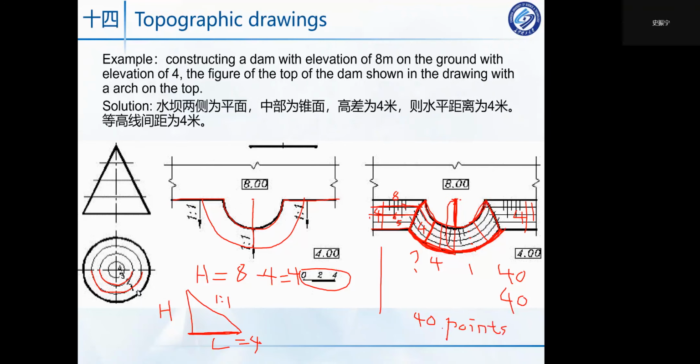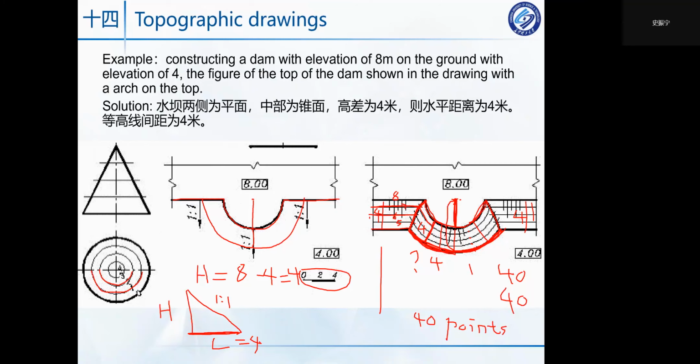Then you connect these 40 points together, and you will get a better line. It is much more realistic.